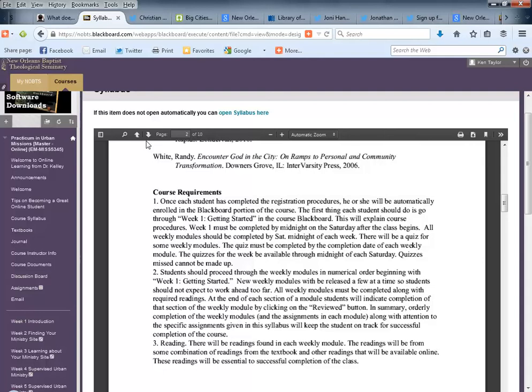Part of that will be reporting on your work in your urban setting each week. Some weeks there will be a quiz based on your reading. Those quizzes have to be completed by midnight on Saturday. Can't make up quizzes. I'll be dropping one of the lowest quizzes, but make sure you don't miss those quizzes.